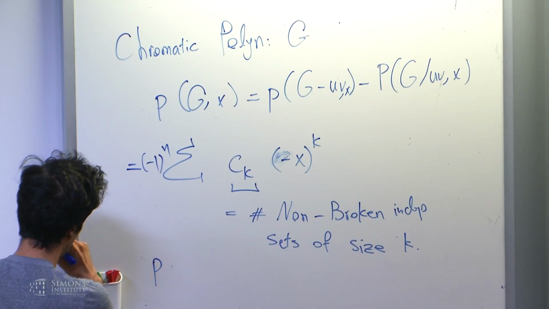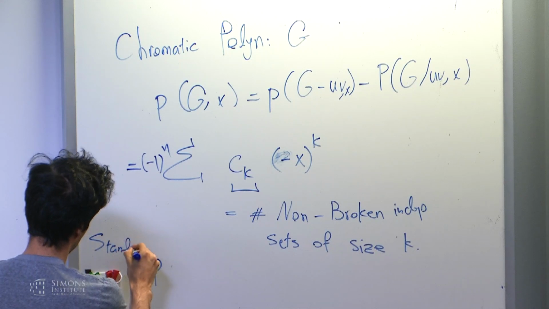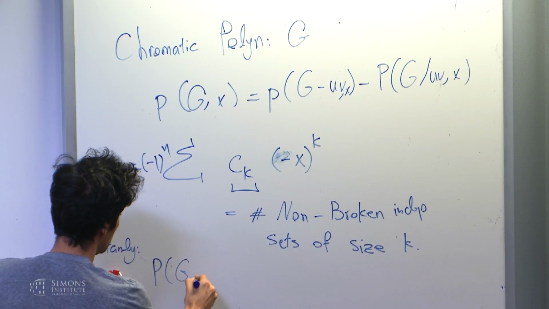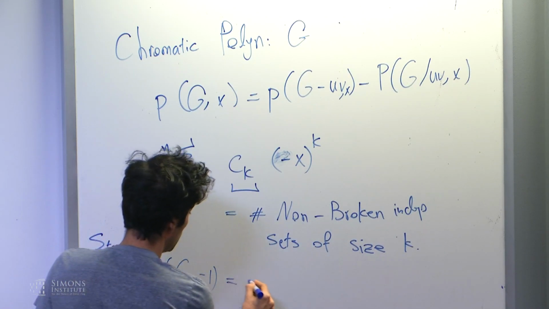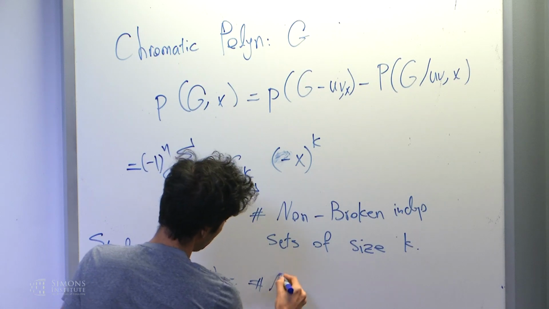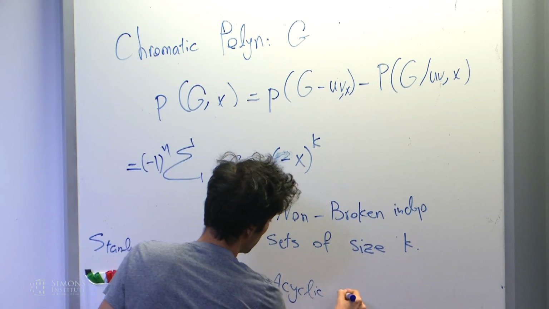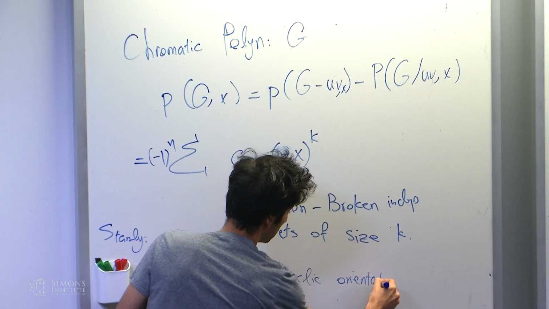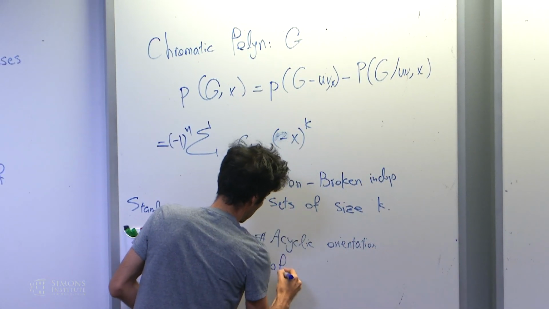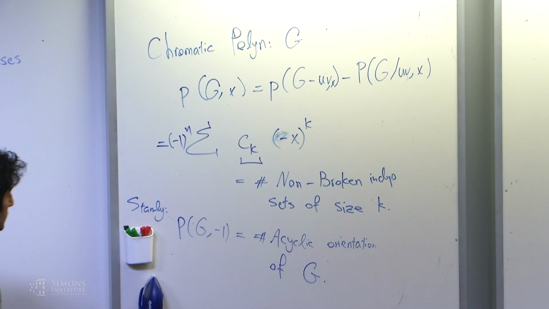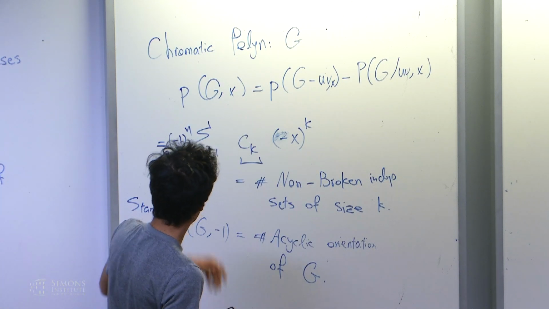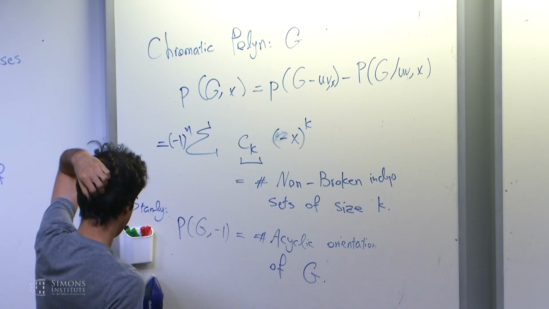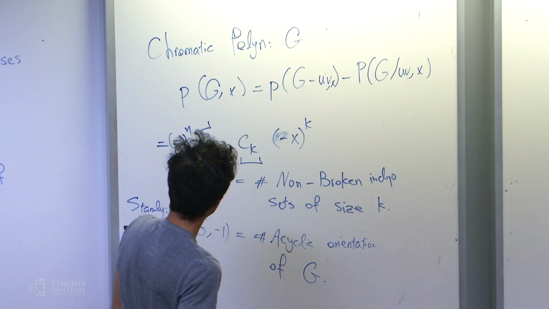There is a theorem of Stanley that P of G, minus 1: if you evaluate this polynomial at minus 1, this is equal to the number of acyclic orientations of a graph.